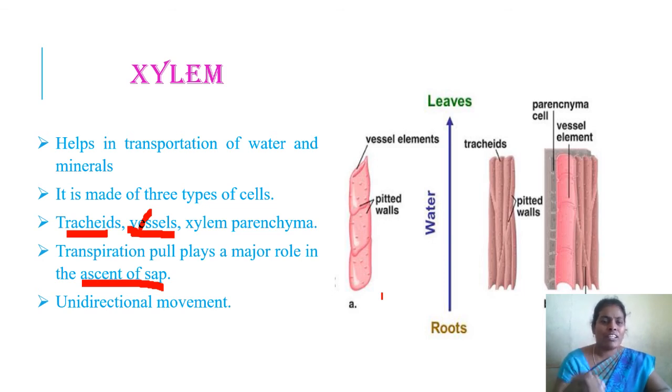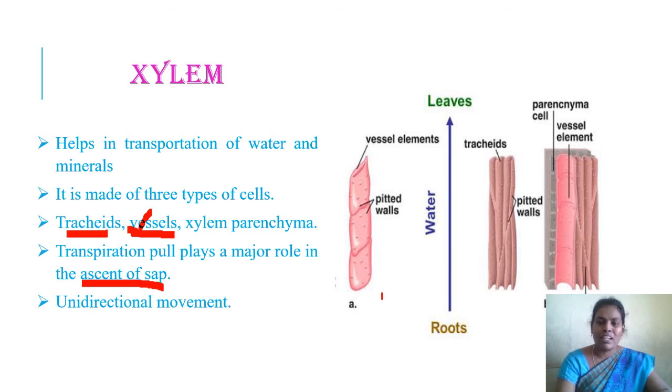then only the water from the roots is absorbed and reaches all parts of the body through the xylem tissue. If you observe how this water moves from one place to another, it is only unidirectional movement, always from down to up. Look at the pictures here, how the tracheids, vessels and xylem parenchyma are present inside the plant.